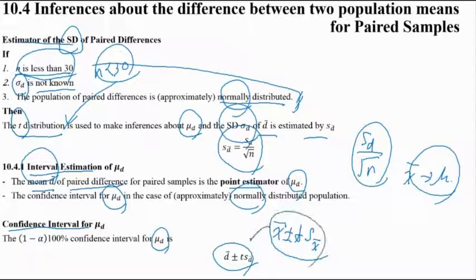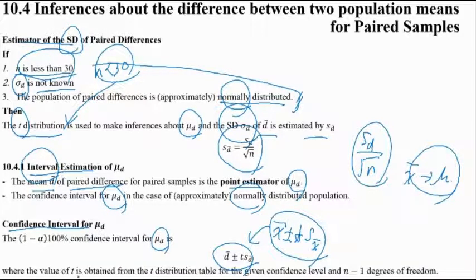Same idea, we're using D bar, with the t distribution table and degrees of freedom n minus 1. When using the t distribution, we need a significance level and degrees of freedom.